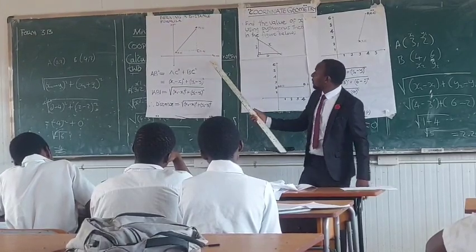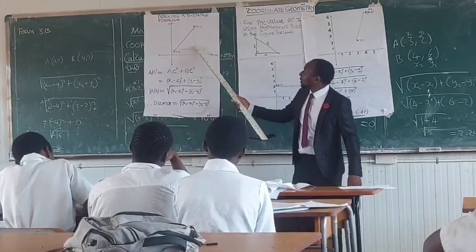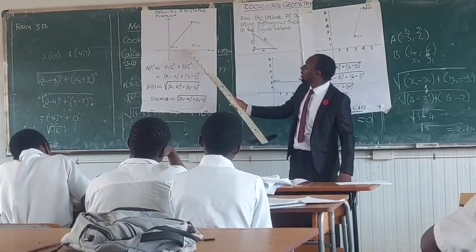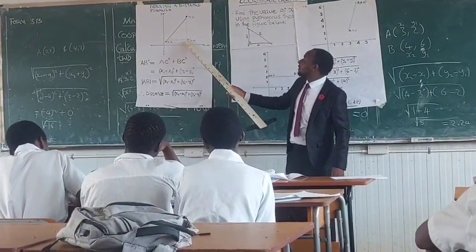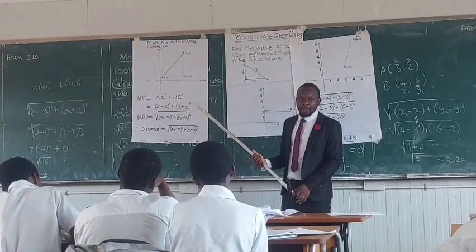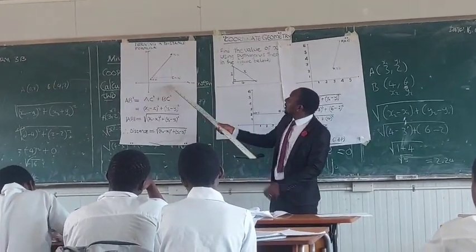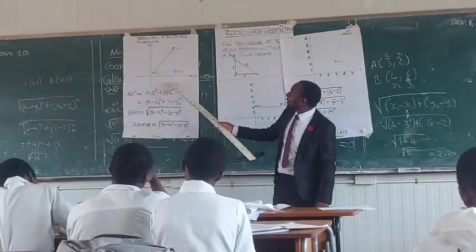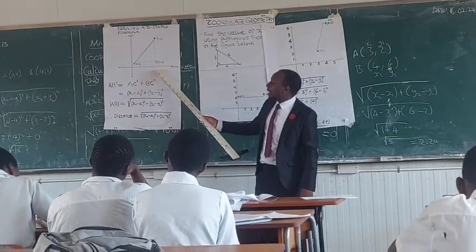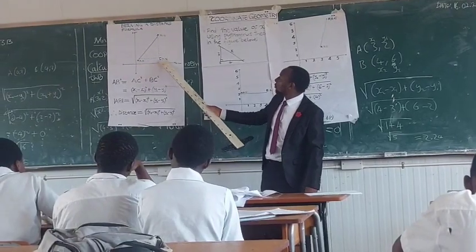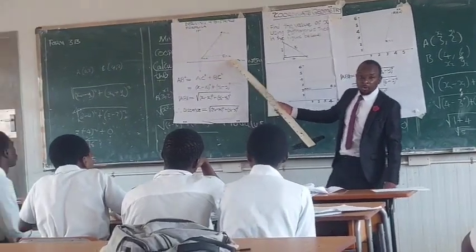So let's denote the intersection as C and find the coordinates there. The coordinate from the x-axis will be x2, and the coordinate from the y-axis will be y1.